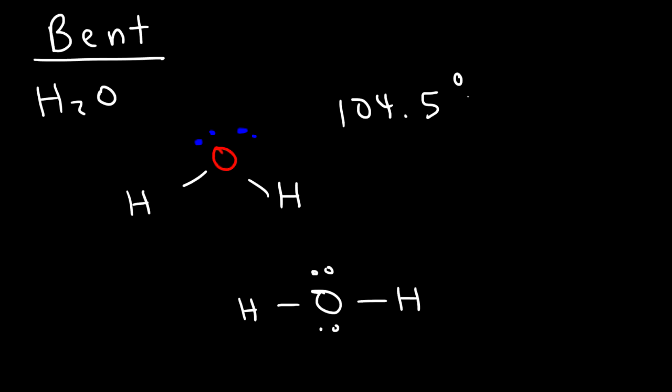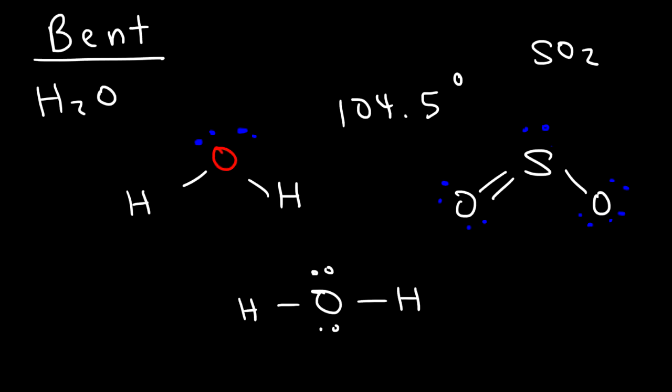Another example of a bent structure is the sulfur dioxide molecule. In this structure, sulfur has 2 oxygen atoms. One has a double bond and the other has a single bond. And sulfur also has a lone pair. It doesn't have 2 lone pairs like in the case of oxygen, but it has 1 lone pair.